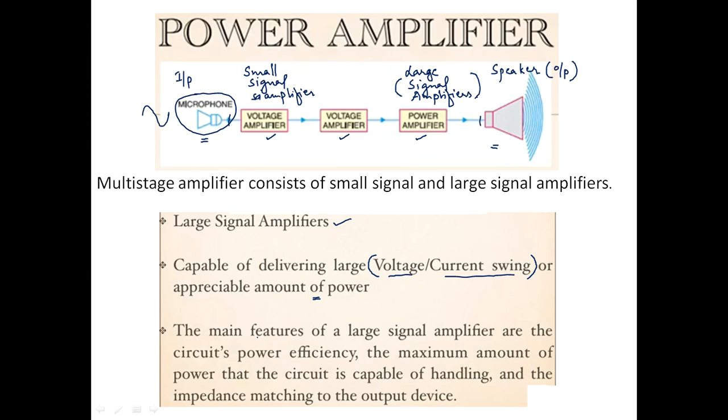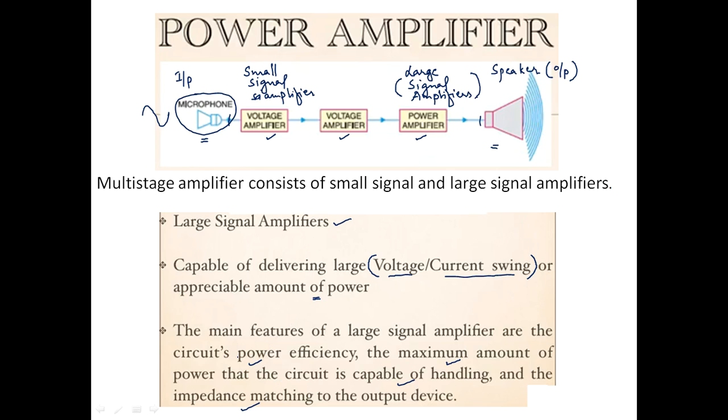Further, the main features of a large signal amplifier are the circuit's power efficiency, the maximum amount of power that the circuit is capable of handling, and the impedance matching. These three terms are extremely important and characterize a large signal amplifier.